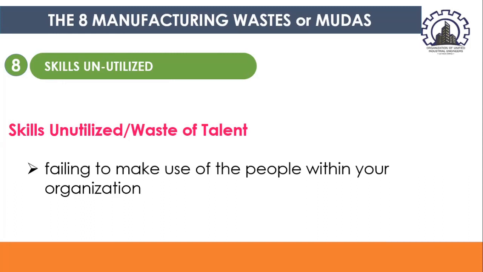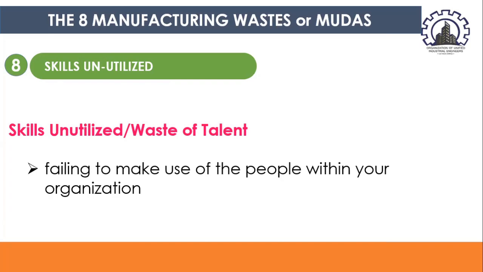And finally, the 8th manufacturing waste or muda, that would be skills unutilized. So what do we mean by skills unutilized? Skills unutilized is also known as the waste of talent, meaning failing to make use of the people within your organization. This is actually an issue that many of our companies in the West fail to address.